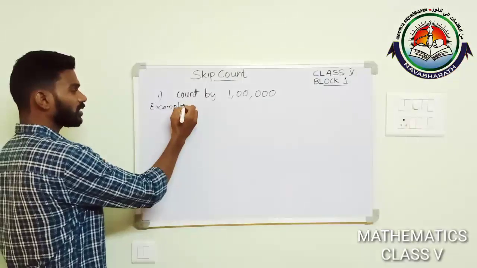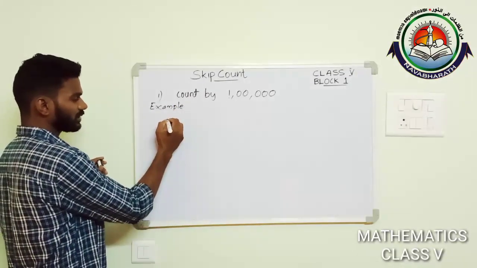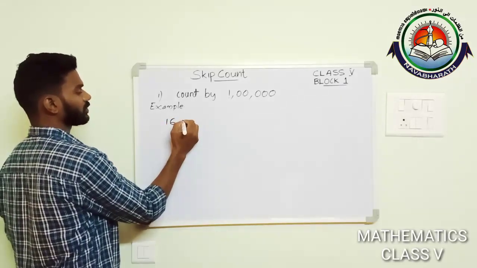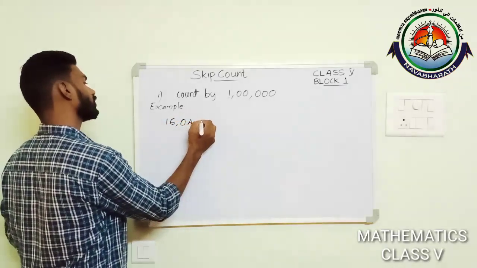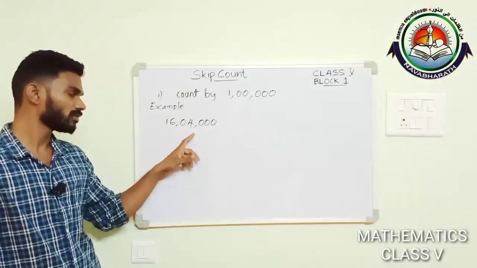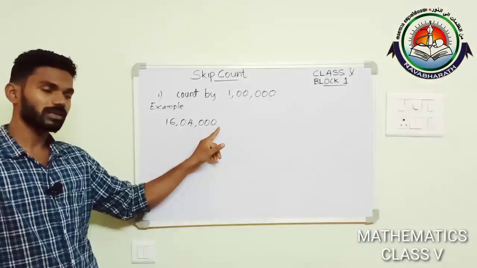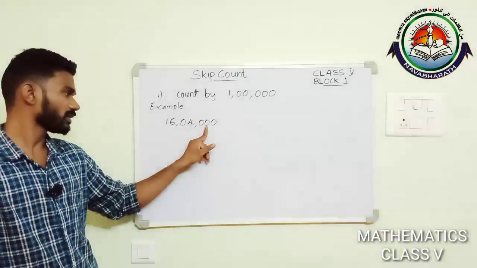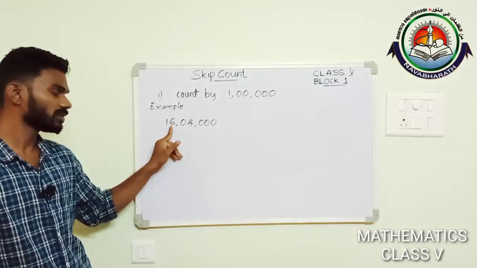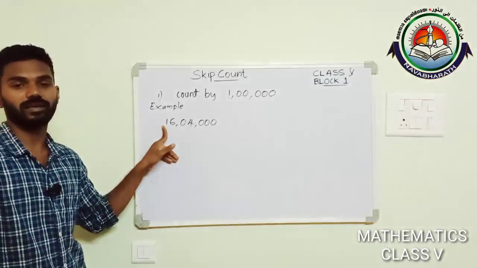Here is a number given for you. Which is this number? You can count it from the rightmost. Ones, tens, hundreds, thousands, 10,000s, lakh, 10 lakh.